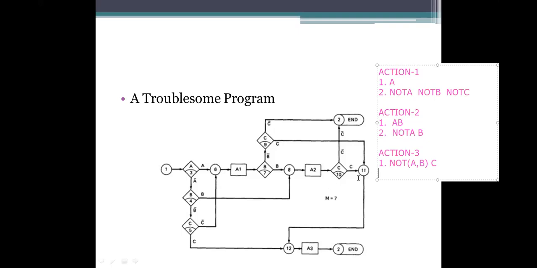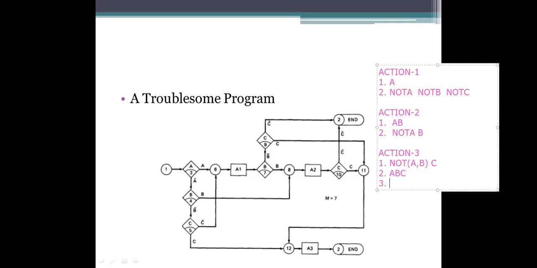It is coming from the 11th node. To reach the 11th node, we have been using 2 different paths. So here, A, B, C, first one.